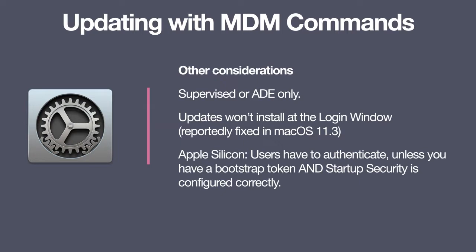And for Apple Silicon, your users are going to be prompted for their password to install updates, unless your MDM has escrowed the Mac's bootstrap token and you've enabled the boot security policy option on Apple Silicon to allow remote management of kernel extensions and automatic software updates, which you can turn on with Startup Security Utility in Recovery OS, or you have your MDM do it by enrolling your Macs through Automated Device Enrollment, or DEP.